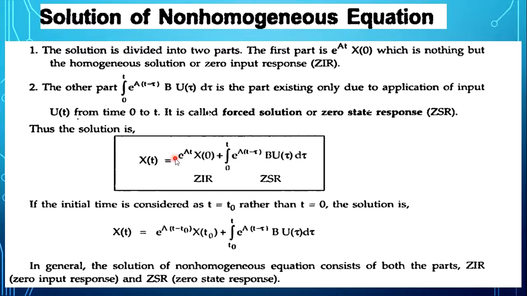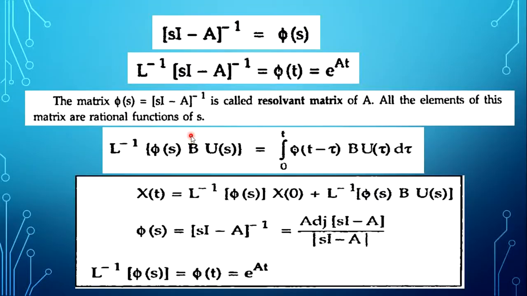As the first step, we will see how to obtain this state transition matrix e to the power At. To obtain e to the power At, first we have to calculate phi of s, which is called the resolvent matrix. The A matrix is obtained from the state equation x dot of t equal to Ax of t plus Bu of t. s is the Laplace variable, I is the identity or unity matrix, and phi of s is (sI minus A) the whole inverse.